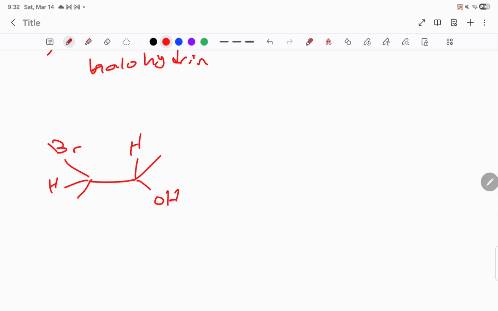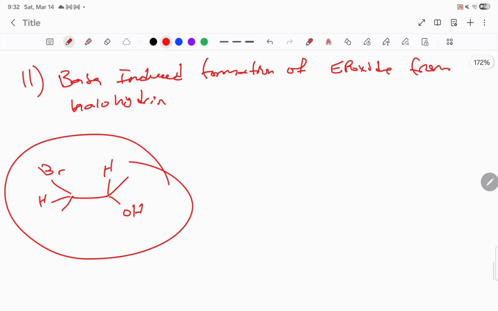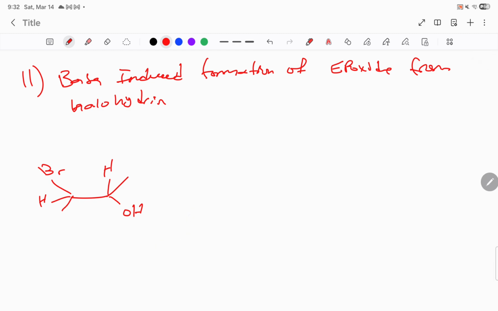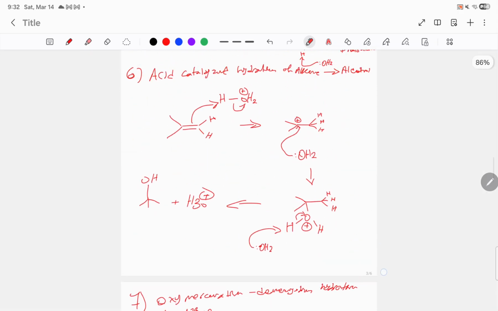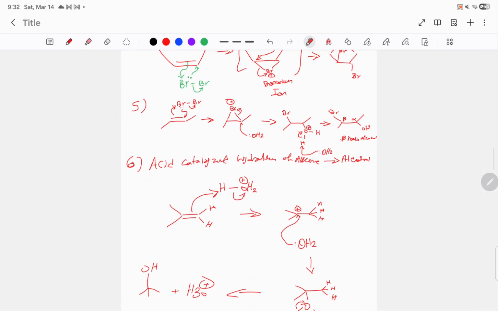Okay, so remember, what alkene did we generate this from? That's a great question. What alkene did we generate this halohydrin from? Well, in this case, we can go back and take a look, but you should be comfortable with the idea that this halohydrin was generated from a trans alkene. How can you know that? Well, the bromine and the OH are on opposite sides of one another.